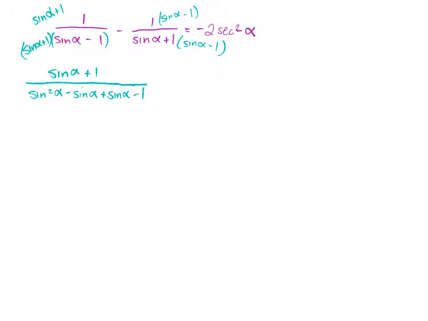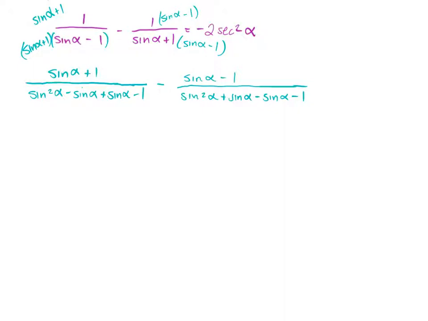Now we're going to go to the second term. Our numerator will be sine alpha minus 1 over, and then we're just going to go ahead and do the same thing, sine squared alpha, then inner plus sine alpha, then minus sine alpha, and minus 1.